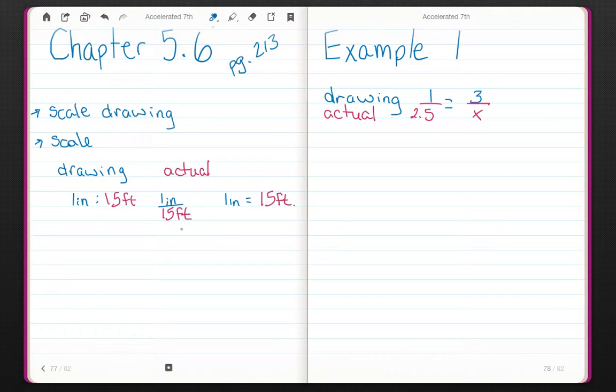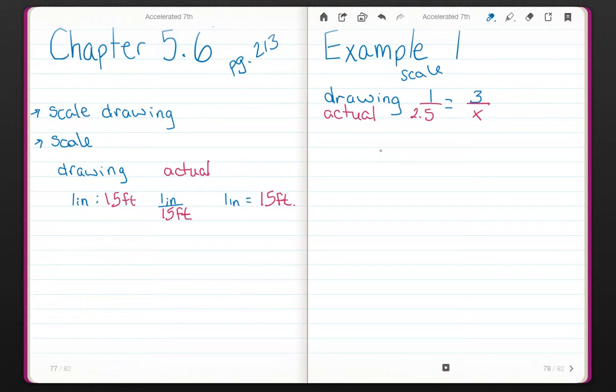So I'm going to set up a proportion. So my scale is that 1 centimeter equals 2.5 meters. On my drawing, however, the length is 3 centimeters, so what then is the actual length of the house?